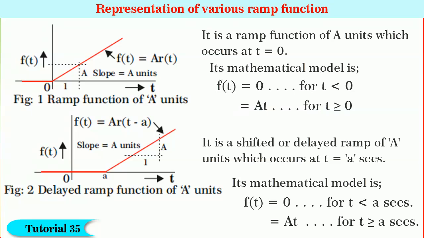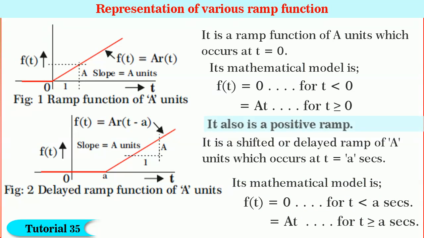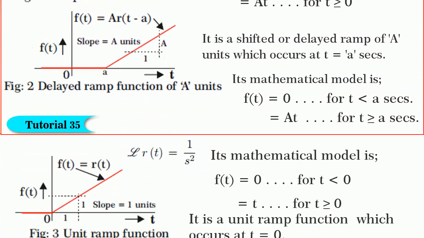So it can be said to occur at t equal to a seconds. Then it can be represented as f of t equal to A into r of t minus a as shown in the figure. Its mathematical model is f of t equal to 0 for t less than a seconds and equal to At for t greater than a seconds. It is also a positive ramp.